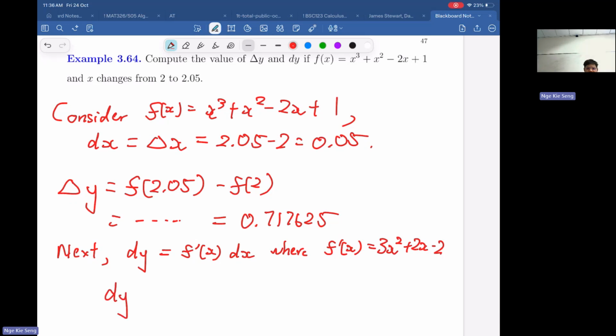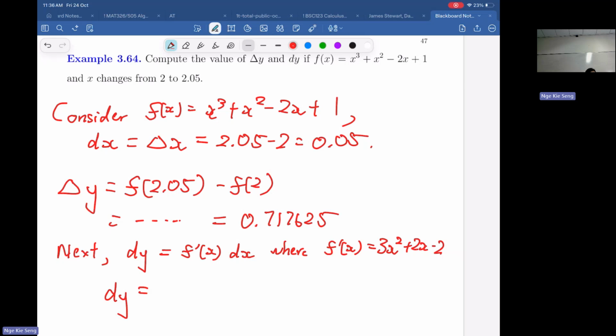So then to get dy, you just put it in. Where should you evaluate f prime x? What do you think? Should you evaluate at 2 or 2.05? Which one should you pick? There's a direction problem here.